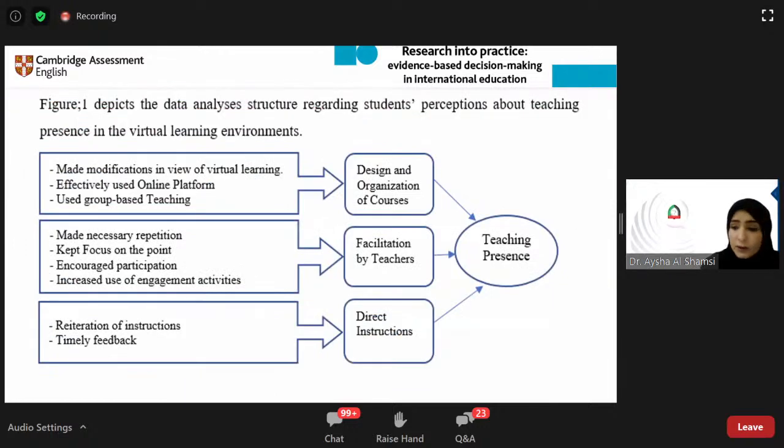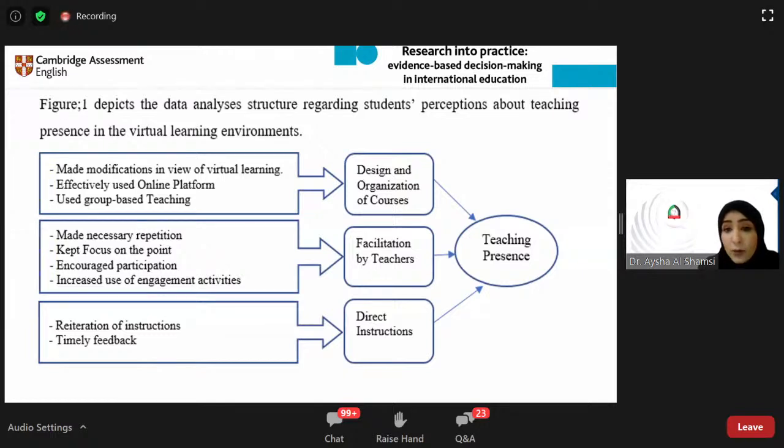Let me move to this slide. For example, about their teaching perception, a major theme emerged, like the design and organization of the courses.